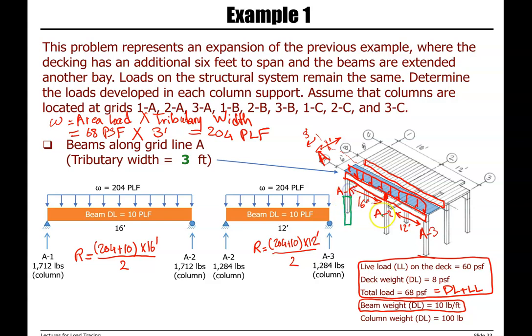The members supporting beams along grid line A are columns A1, A2, and A3. So we have a column supporting here, one here, and the third one here. This is column A1, column A2, and column A3.